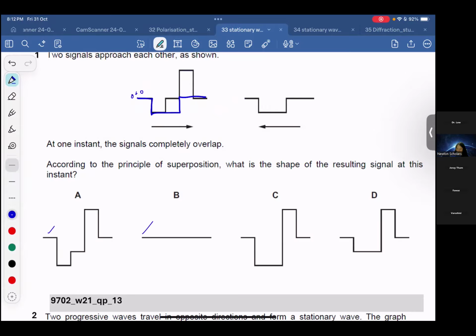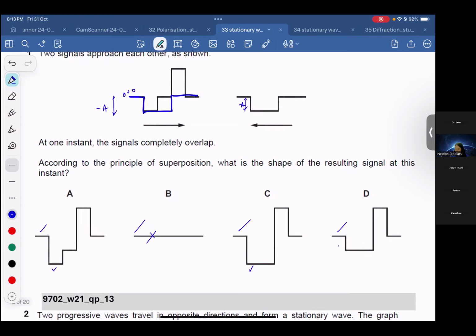This one, this one, this one, this one, it's fine. But then here, can you see that negative A? I meet with another negative A. So I will become negative 2A. Am I right? So this one B is confirmed wrong. This one negative 2A, this one negative 2A. This is negative A only.